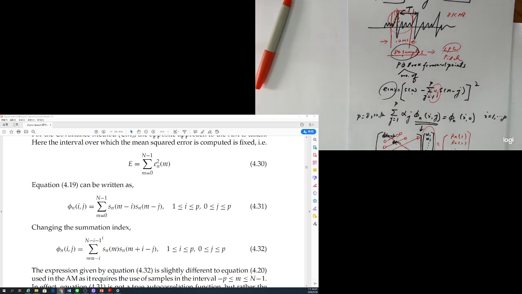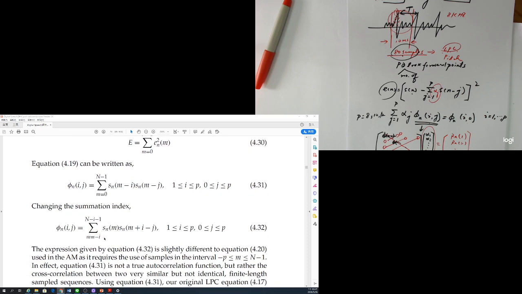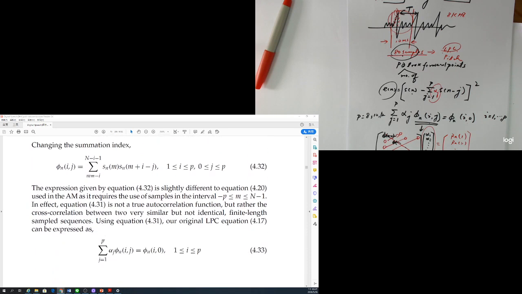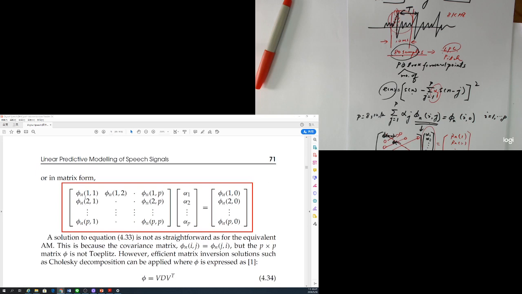So that one is a little bit not symmetric, and your equation will be like this one. Your diagonal is not perfectly the same, only corresponding points could be a little bit different. So this one is not perfectly symmetric. That one is called the covariance matrix.